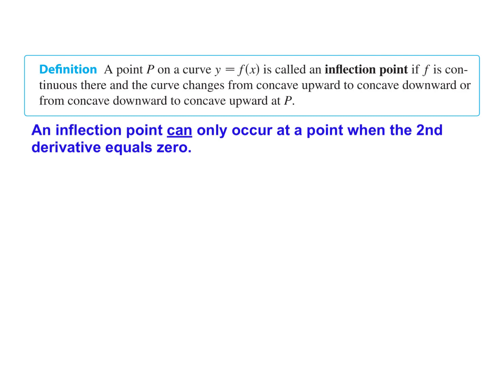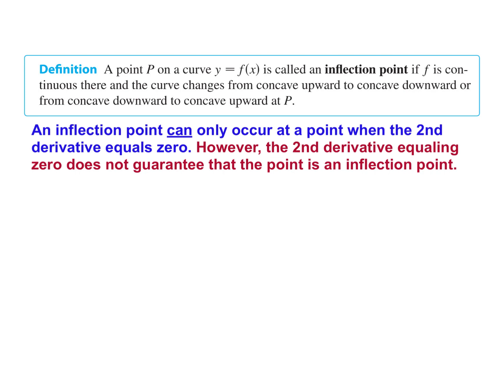Just because the second derivative equals 0 does not guarantee that that point is an inflection point. It can only potentially become an inflection point when the second derivative equals 0.